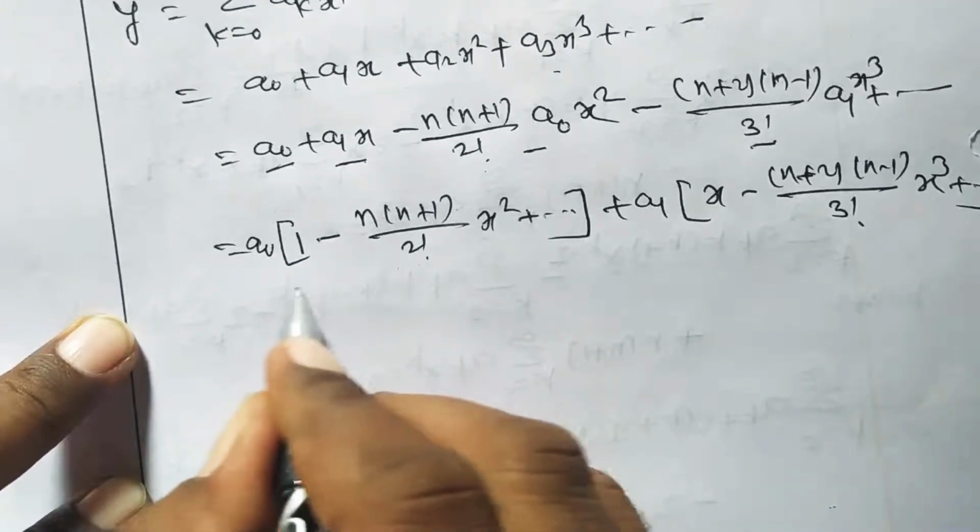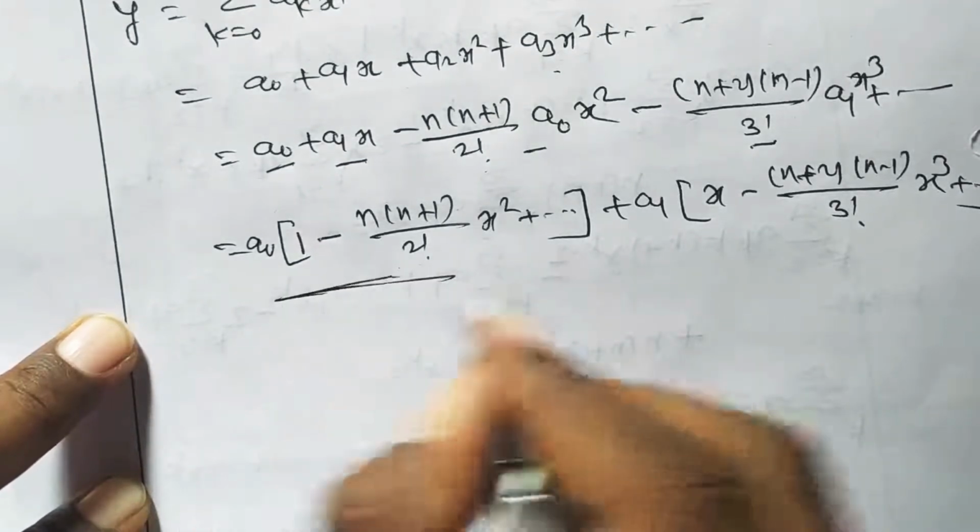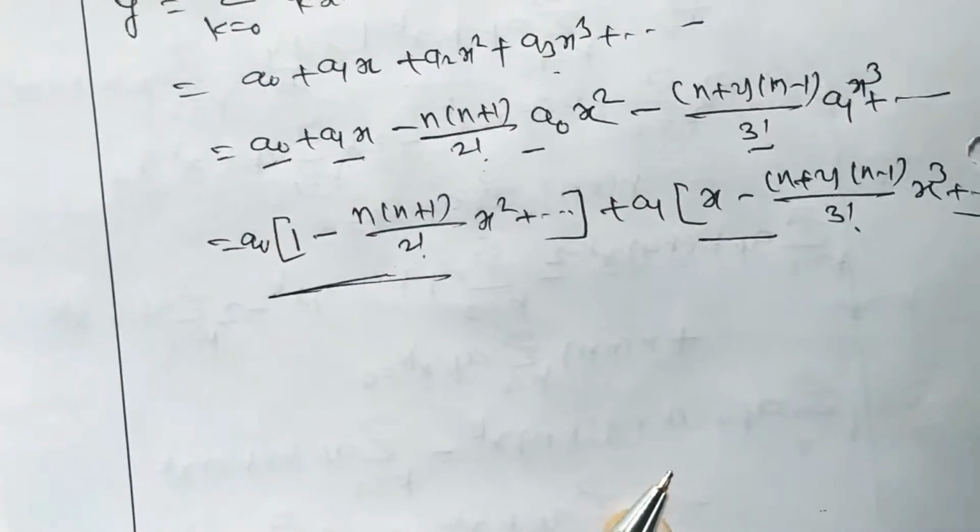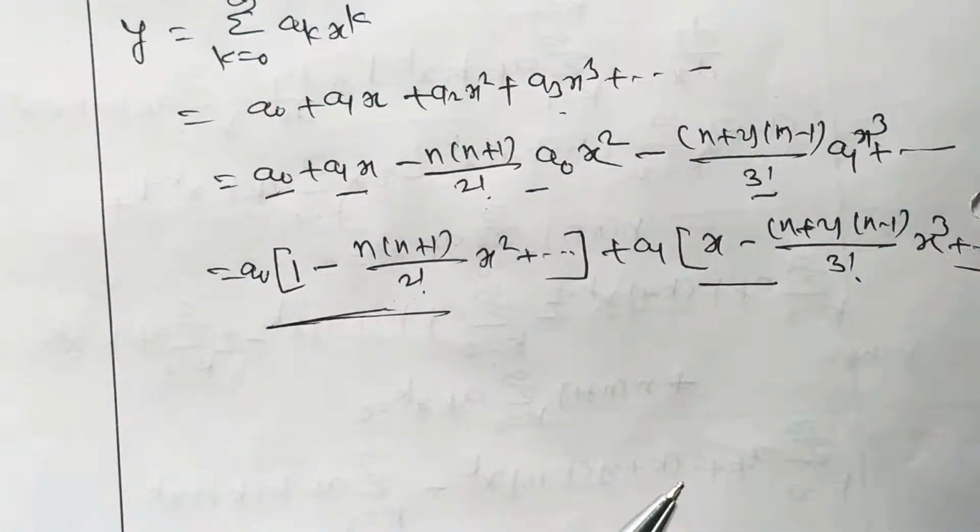So this is in the form of a0 phi of x plus a1 psi of x. So this is the solution of the given Legendre's equation about x equal to 0.